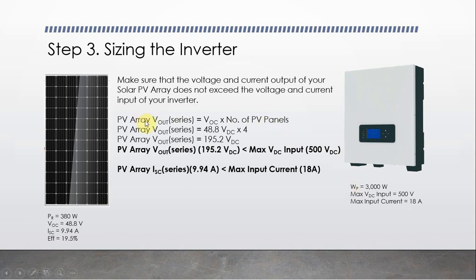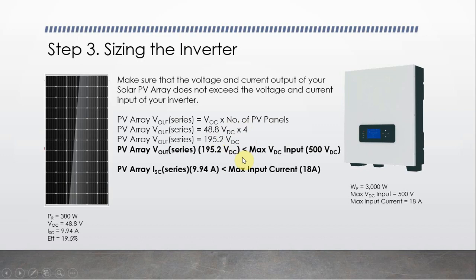For a series connection, the voltages are additive. So the total voltage output will be 48.8 volts times 4, because we have four solar panels connected in series. The total voltage is 195.2 volts DC.